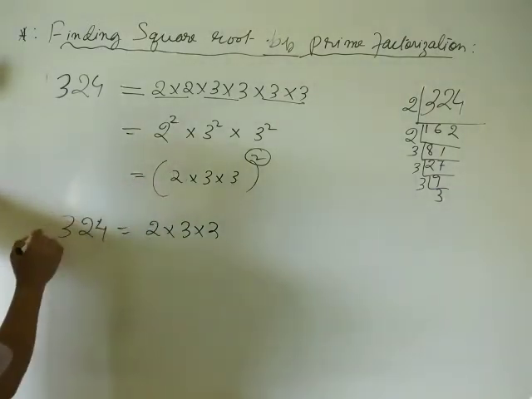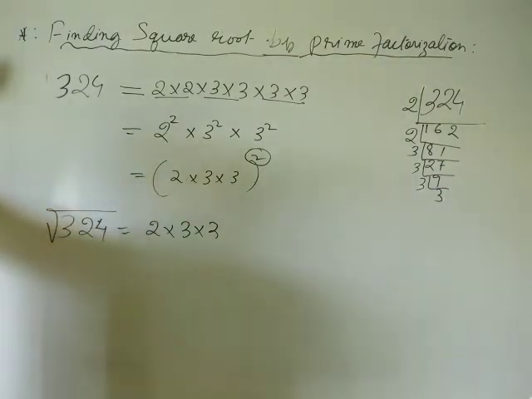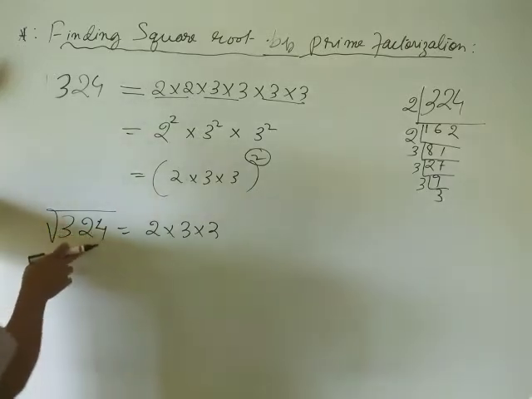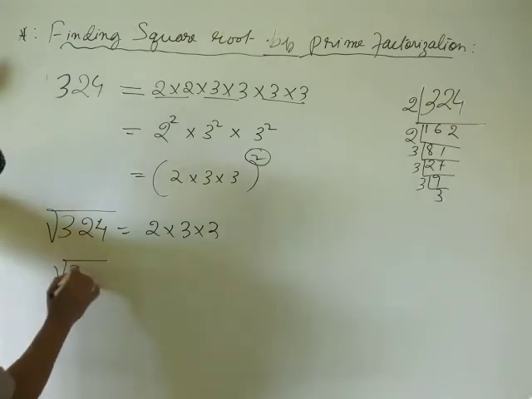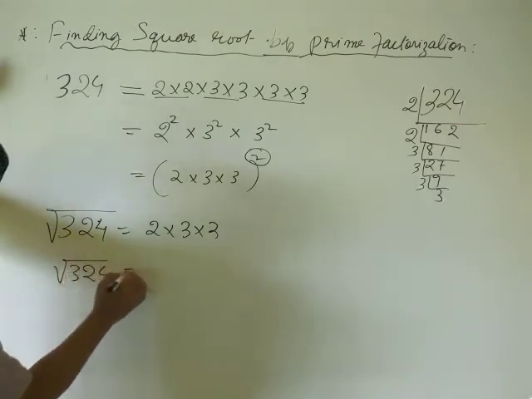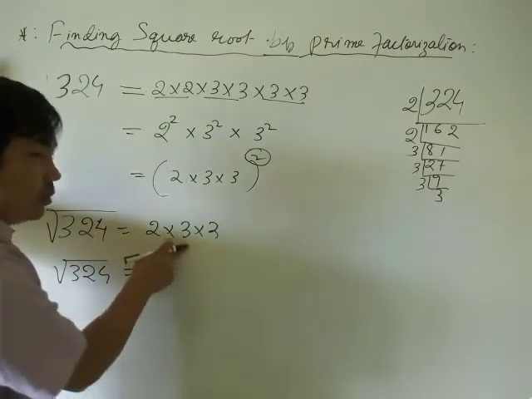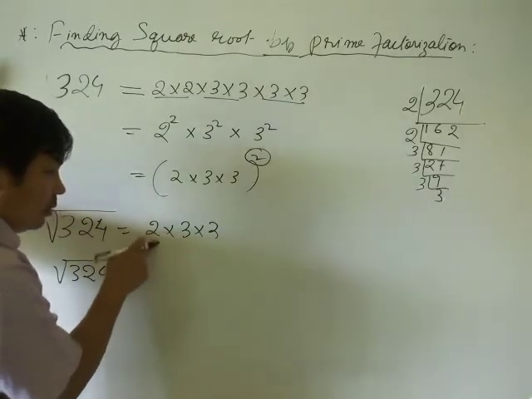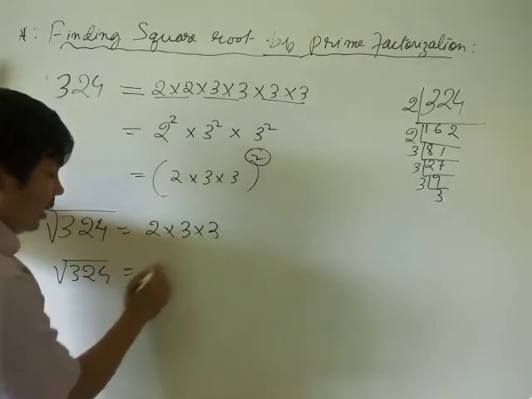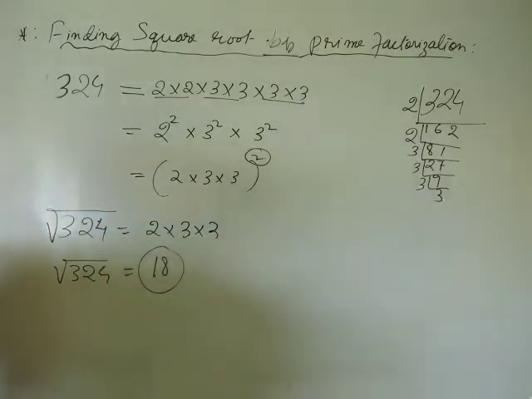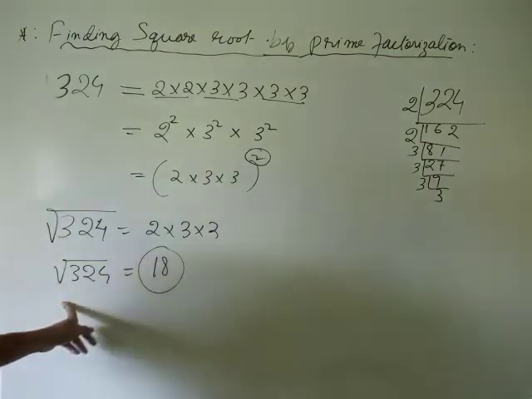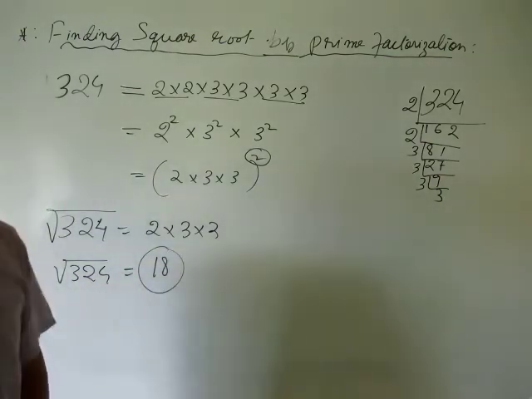So the square root of 324 will be 2 into 3 into 3. 6 threes are 18. So 18 is the answer. The square root of 324 is 18. So like this we find it.